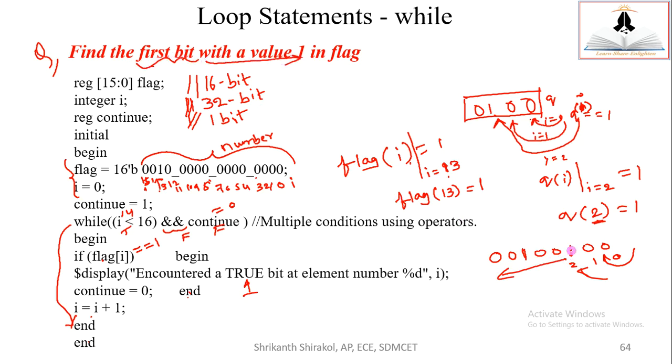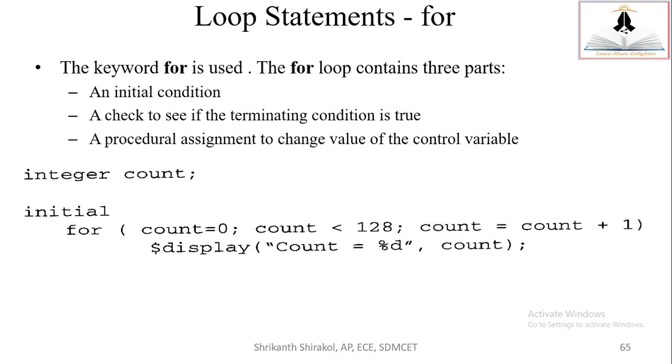So I found it and don't proceed. Since I goes on incrementing because of the algorithm, you have to make continue equal to 0. By doing this, your process stops there itself. So this is the flow.